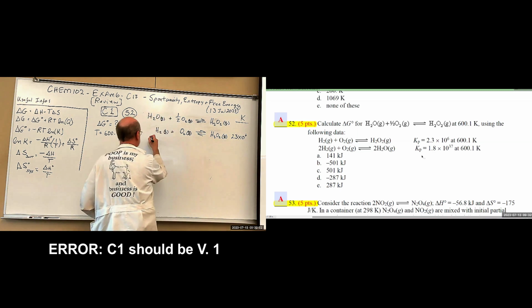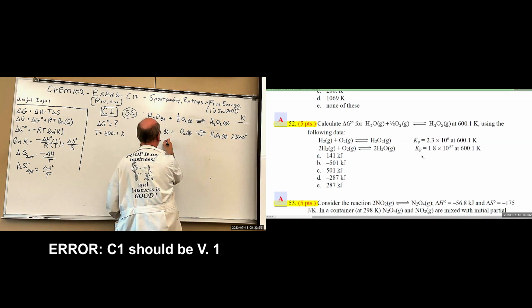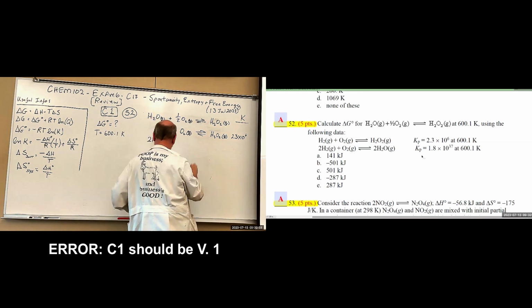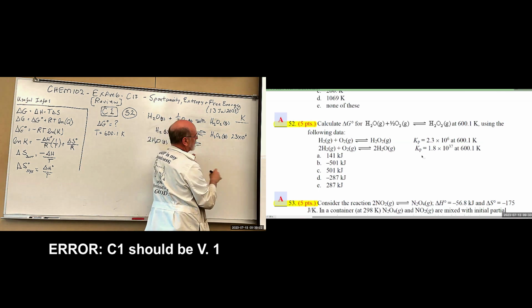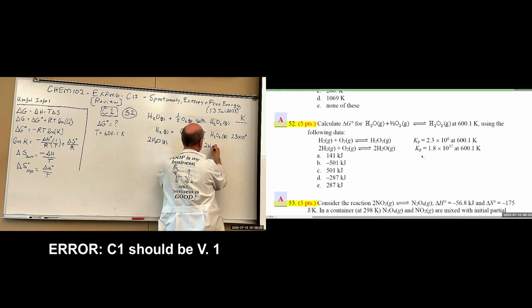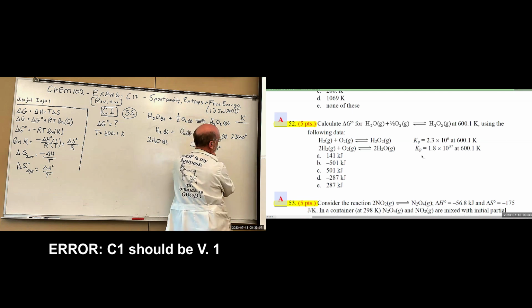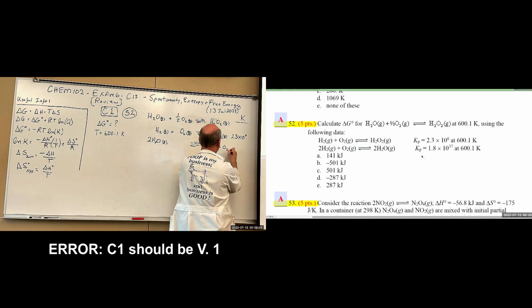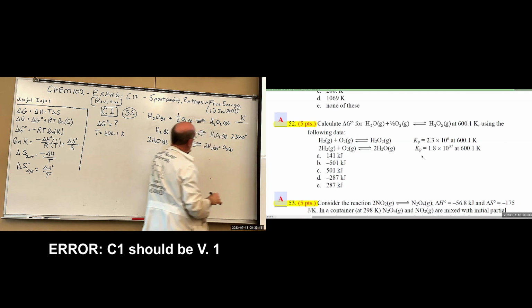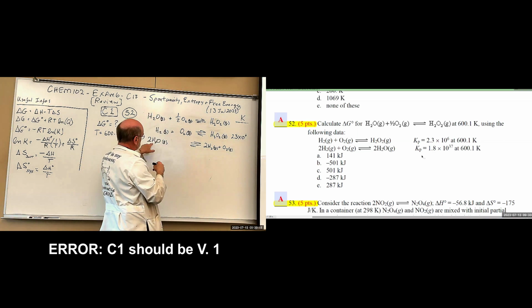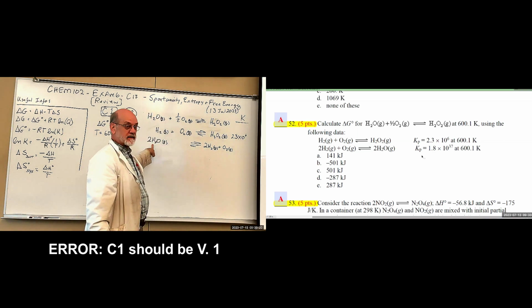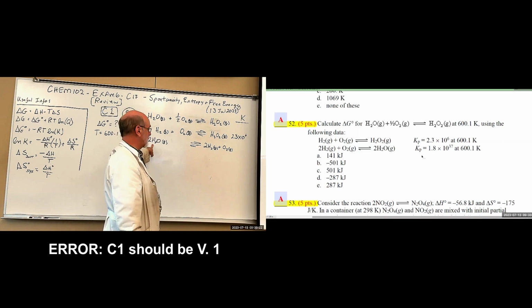And so if we write the other one reversed, and then we put these terms on this side, and oxygen, that side. That gives us more water than we need. So we need to take half of that one.